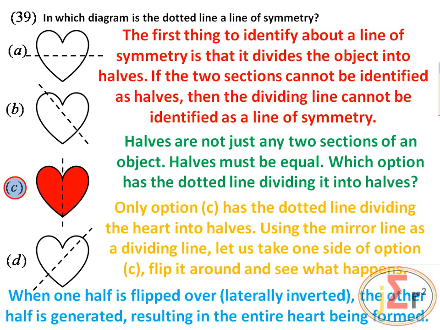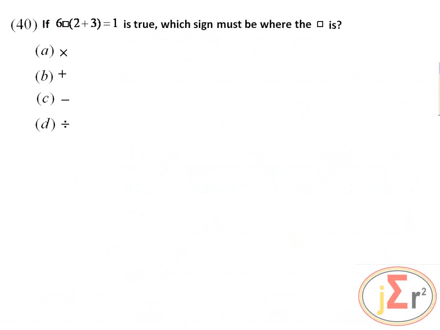When one half is flipped over or laterally inverted, the other half is generated, resulting in the entire heart being formed. There it is.